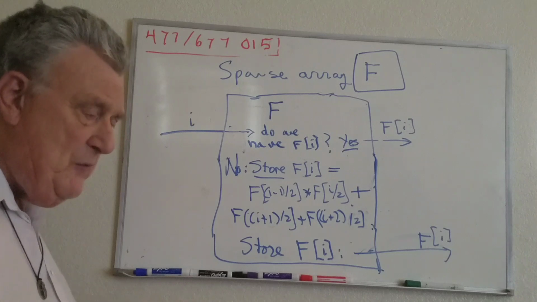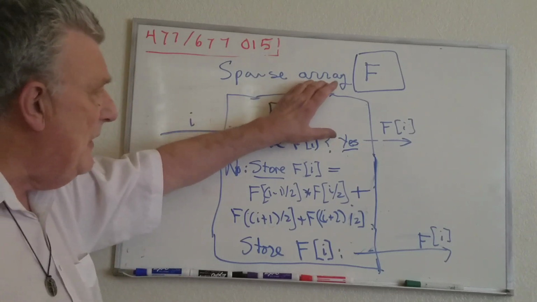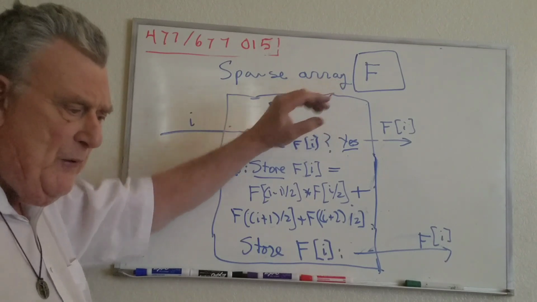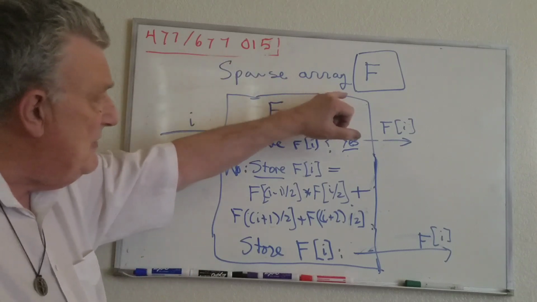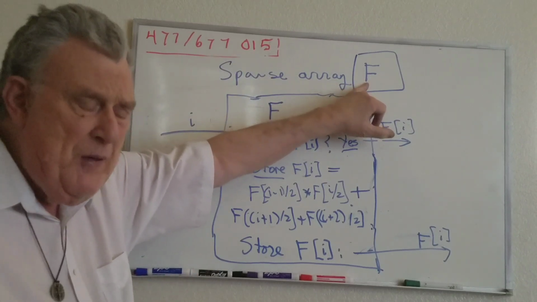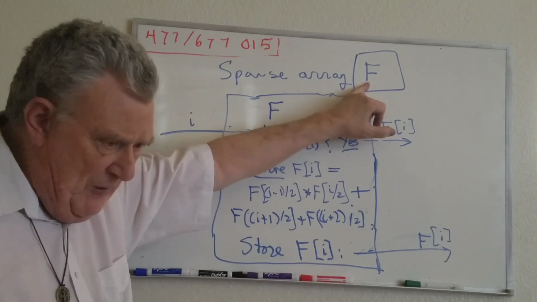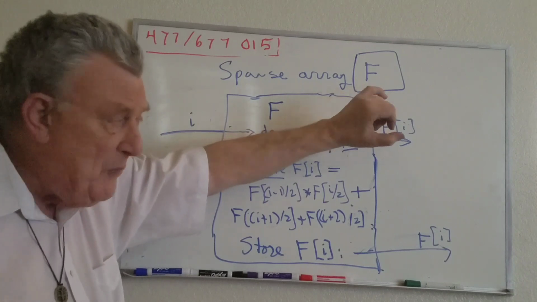But how do we know which ones? Well, we're going to have a sparse array, and the items in the sparse array, the ordered pairs i, f of i, are called memos. And there will only be relatively few memos compared to the number of possible memos, which is n. There will only be a much smaller number.